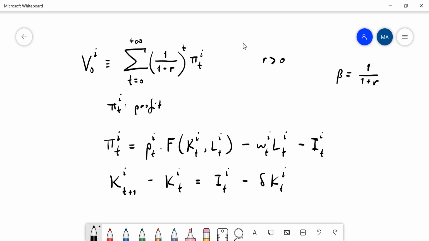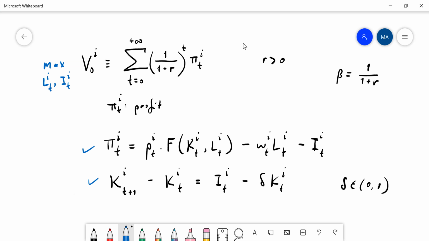Now, what do we have here? Delta is between 0 and 1, and of course, this is the depreciation rate. Delta is the rate of depreciation. So the net addition to your capital stock is gross investment minus depreciation. Now, what does this firm do? This firm will maximize by choosing labor demand and investment level, by taking these constraints into account.